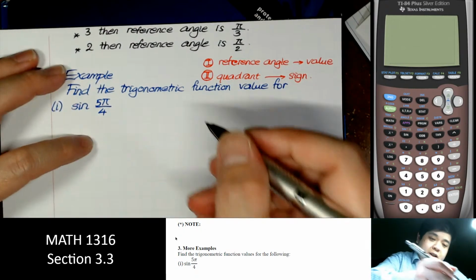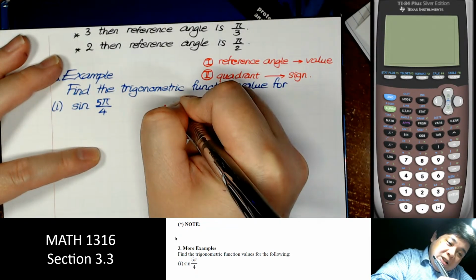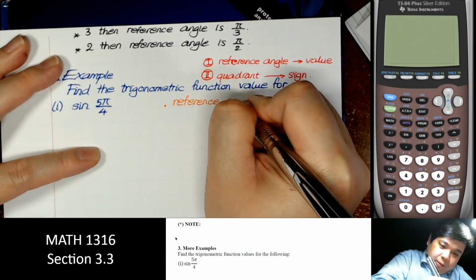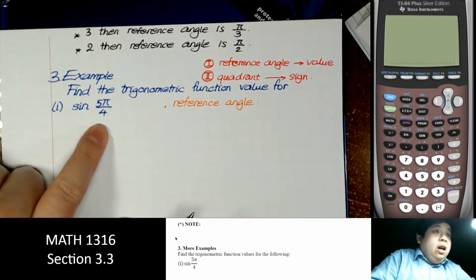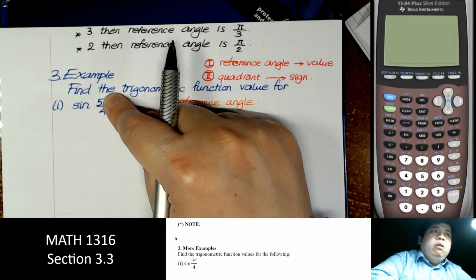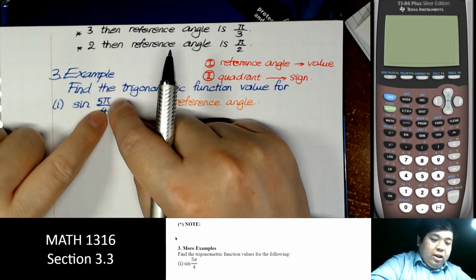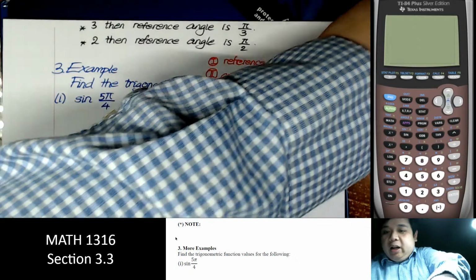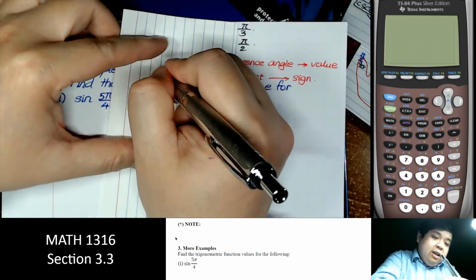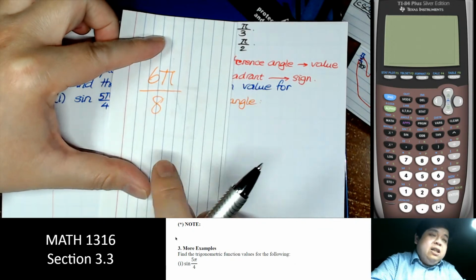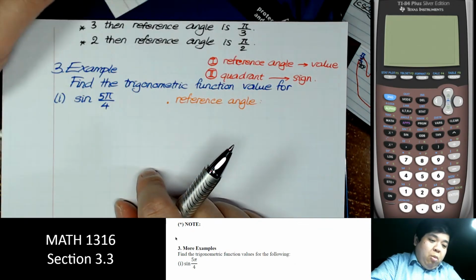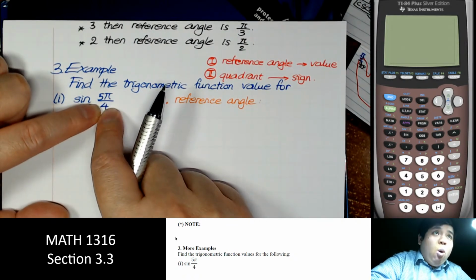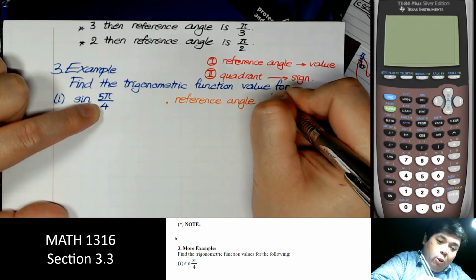Now, the first step is the reference angle. 5 pi over 4. Divide by 4, so it is a reduced fraction, right? What is not reduced is something like 6 pi over 8. But the 5 pi over 4, it is reduced. So if it is reduced and the bottom is 4, the reference angle is pi over 4.